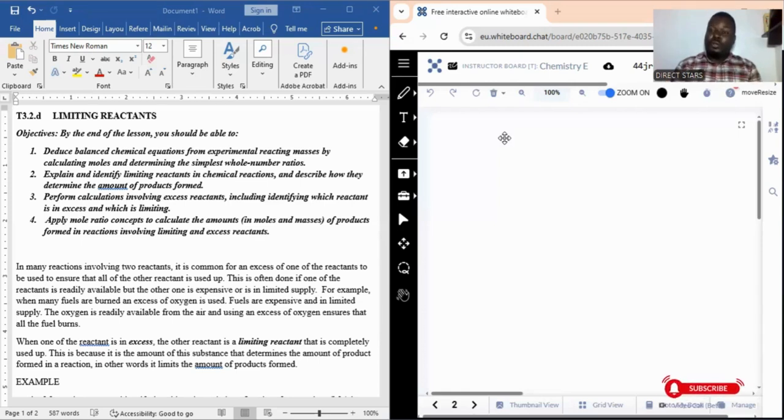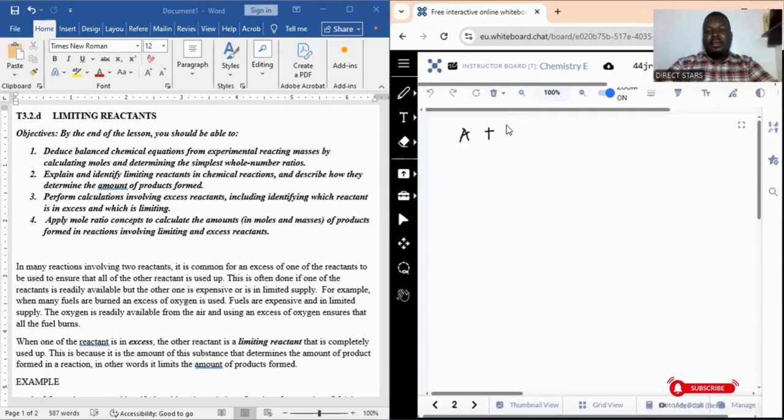This is often done if one of the reactants is readily available and cheap in terms of cost, and the other one is expensive or rare. So let's say you have two reactants, A and B, reacting to give us C and D.